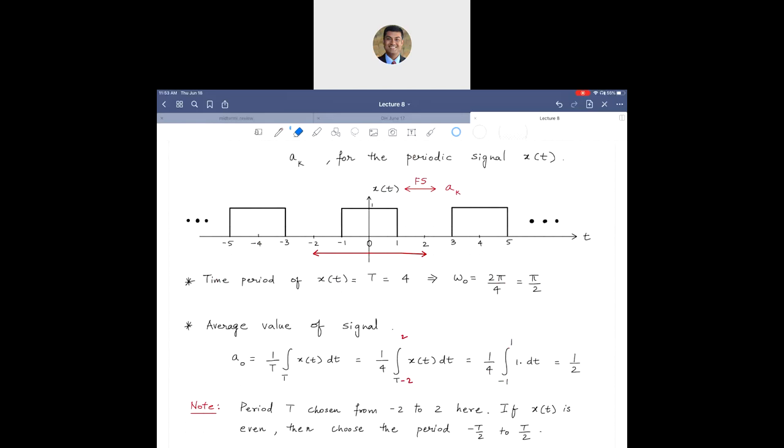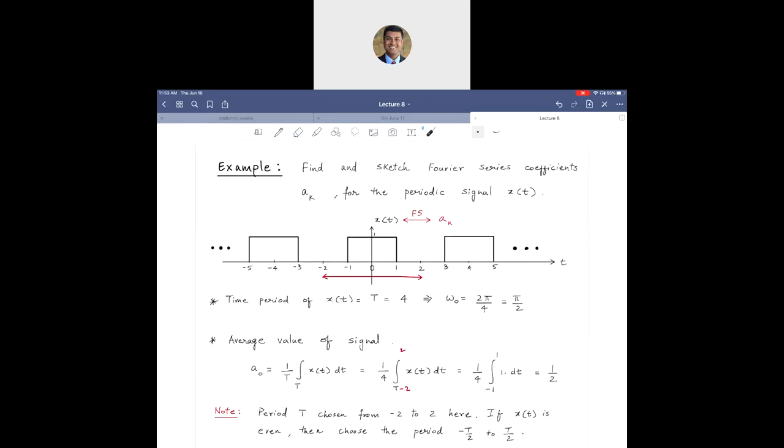There is a note that I make on the bottom of this slide, which is what I hinted to earlier: if you have a period T that you choose from negative 2 to 2, then it will help you simplify things a lot easier. It will make your math a lot easier to handle.